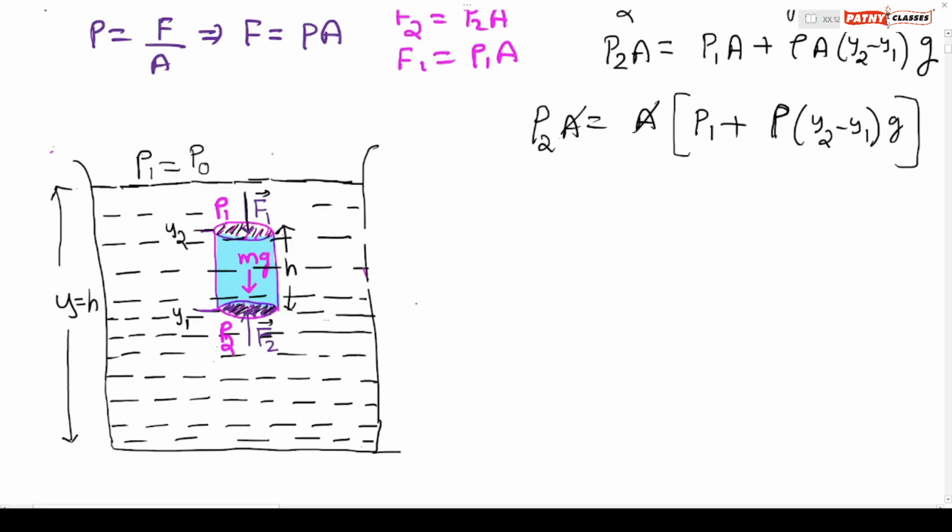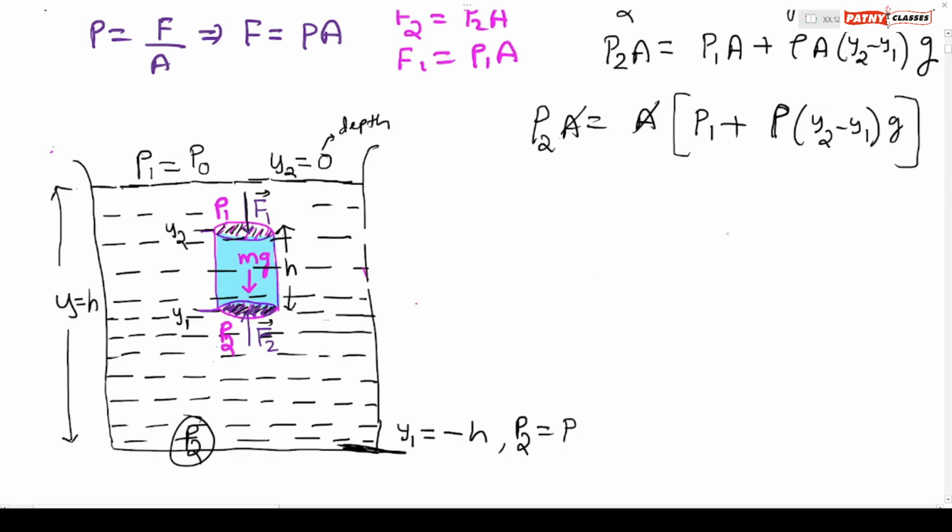The top surface of the liquid is at zero depth, and the bottom of the container is at a depth of minus h, because it is below the top surface, so we consider it negative, so y1 equals minus h. At the bottom of the container, the pressure due to the liquid, the water, we consider as P2 equals P.